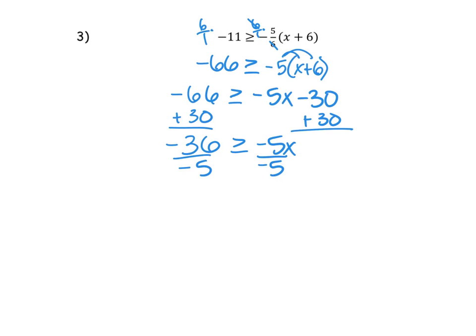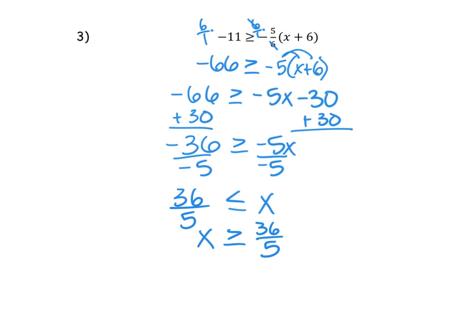I divided by a negative, ding, ding, ding, something happens. The sign switches right here. So what I just did is I switched the inequality from here to here. And my number is positive. Negative 36 divided by negative 5 is a positive. Well, I can't graph that. First of all, let's make it look right.